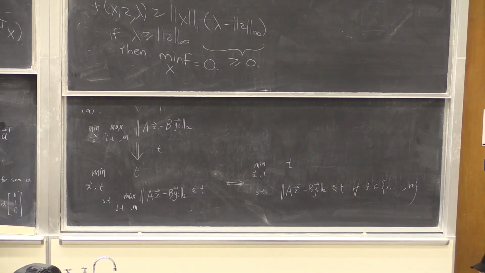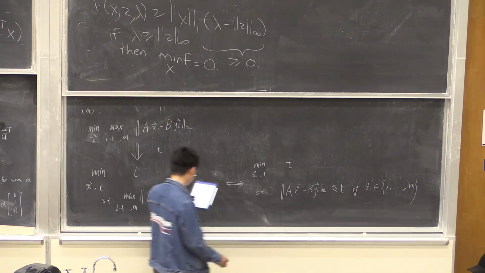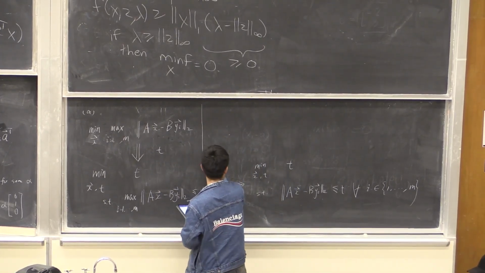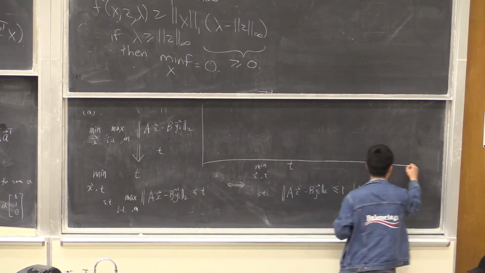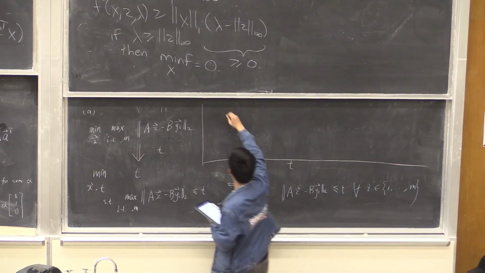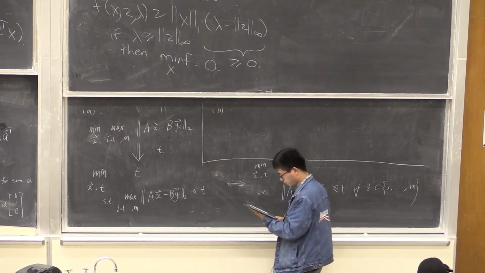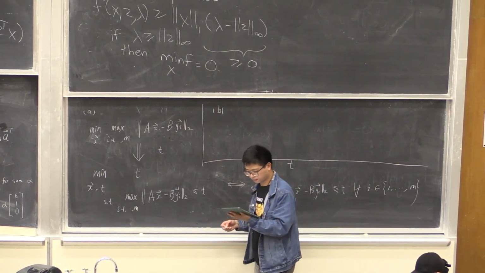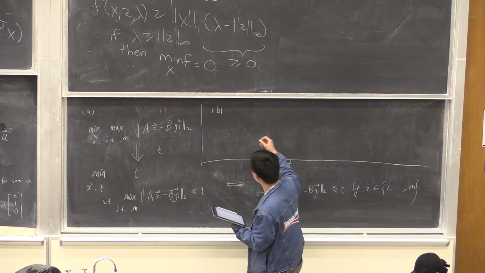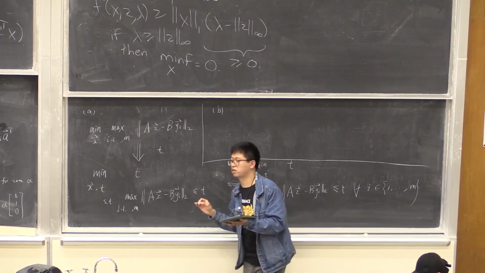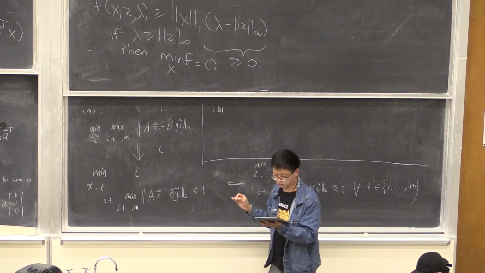So part B, I think part B is pretty short, so I can just write here. Sorry about the format. So part B: we have this optimization problem that is very close to a QP, but the problem is A is not a PSD, right?